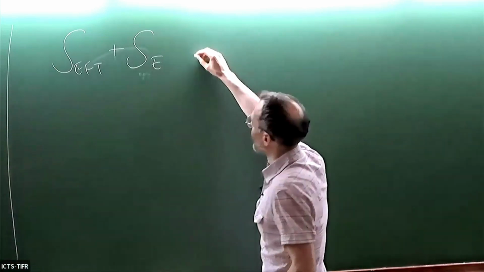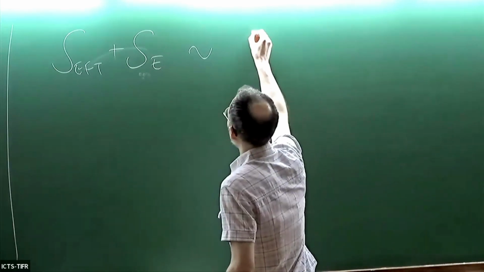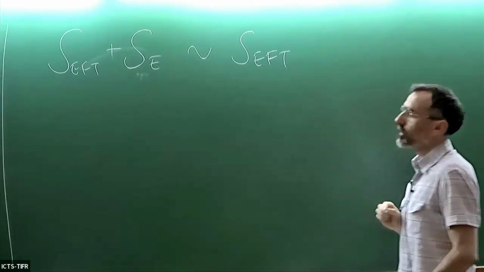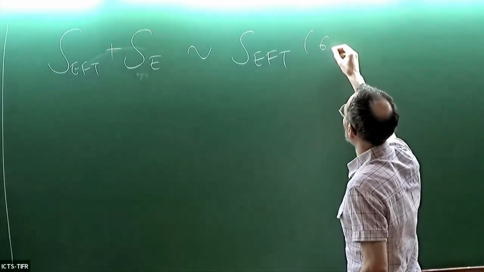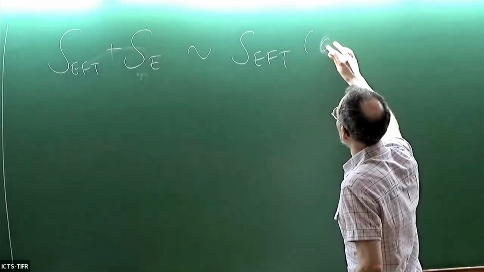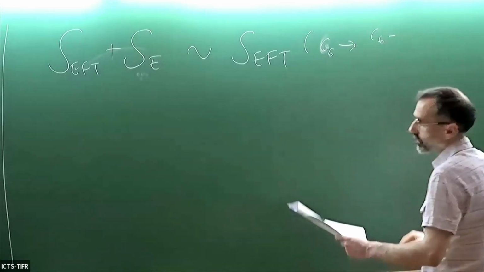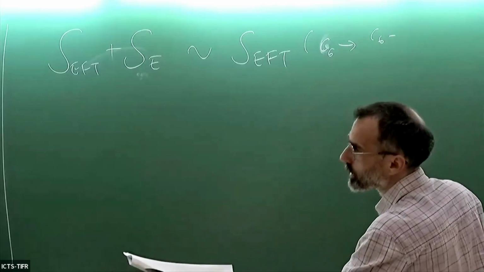Right? And for that matter, what we're saying is that at order 1 over lambda squared, that is equivalent to the same SEFT theory we had, but with an extra contribution to the C6 coefficient. So C6 will be going to C6 with all of those terms that we now have worked out earlier, minus lambda c.